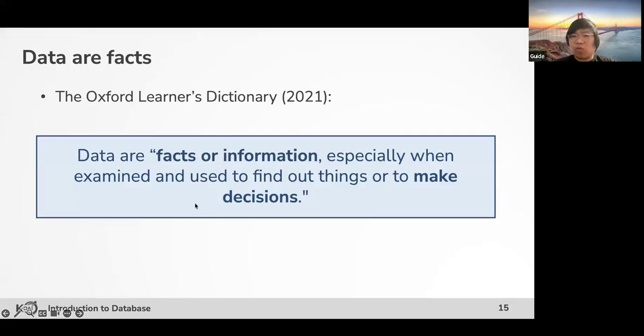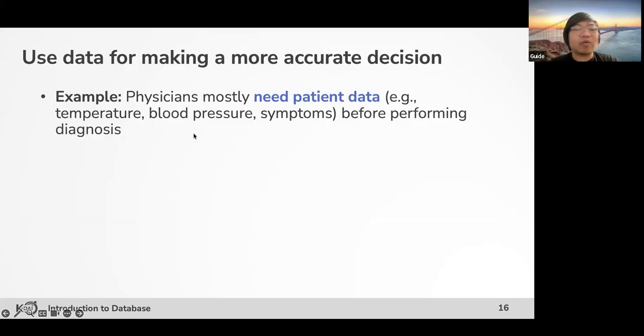Not always do you need to use data for making decisions, but using data for making decisions will give you an edge. Let's see an example. Let's say you go to a hospital to meet with your physician or doctor, right?